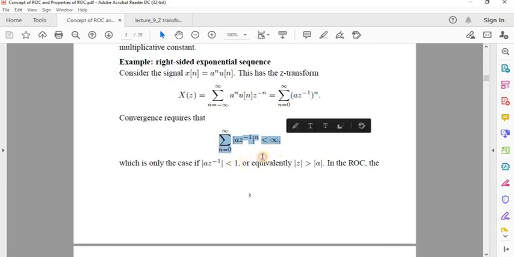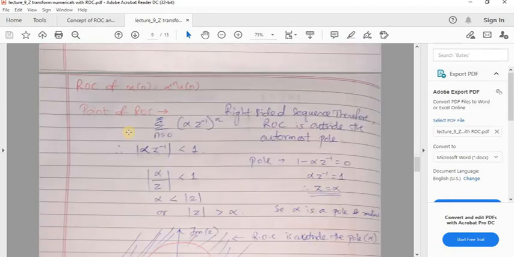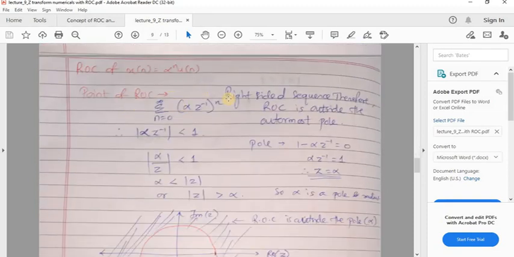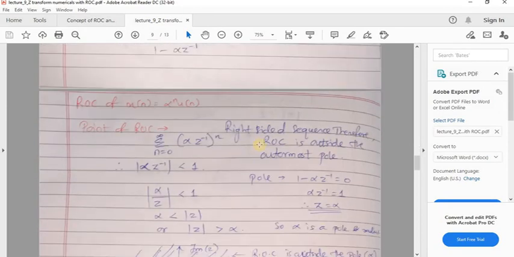So this term, mod of A into Z to the power minus 1, should be less than 1. I've solved it here. This is a right-handed sequence, as we already know. Therefore, for right-handed sequences the region of convergence is outside the outermost pole.